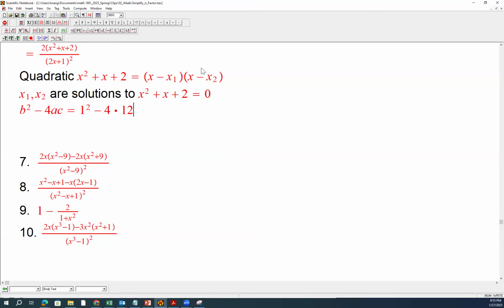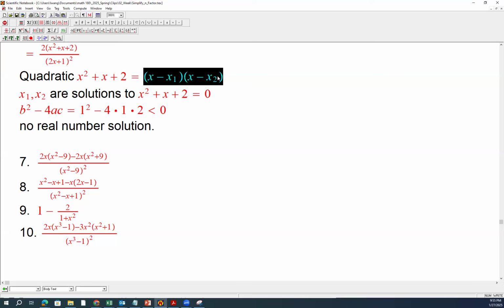Sorry, c is 2. And this is negative 7 once more. What that means is that there are no real number solutions, meaning that you're going to get complex factors.